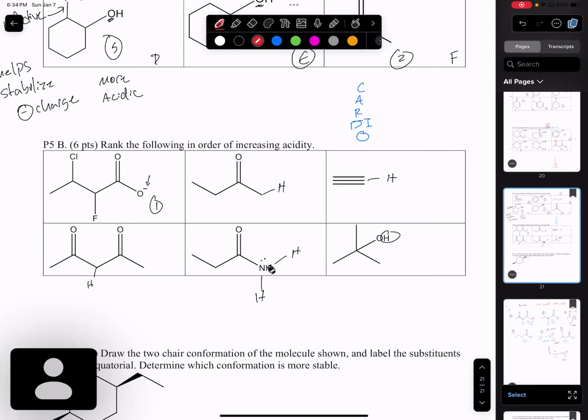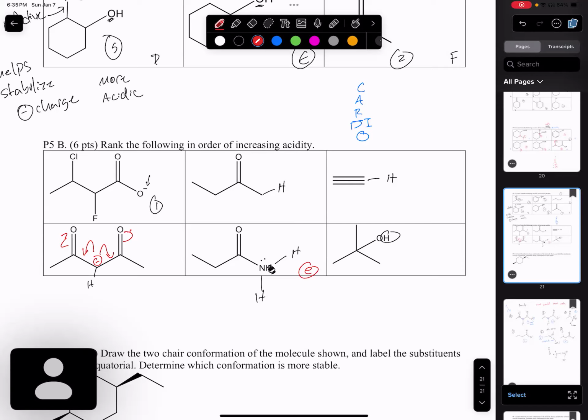Remember we did this example, if this was a negative charge, it could essentially donate either way. The question was which one would be the most acidic out of these 6? C would be most acidic.